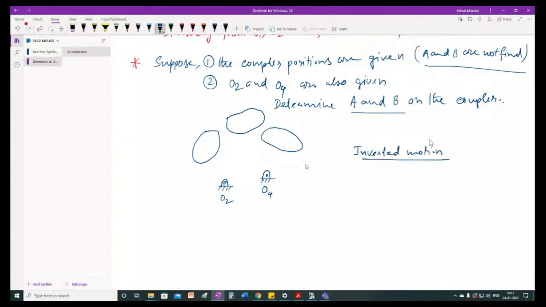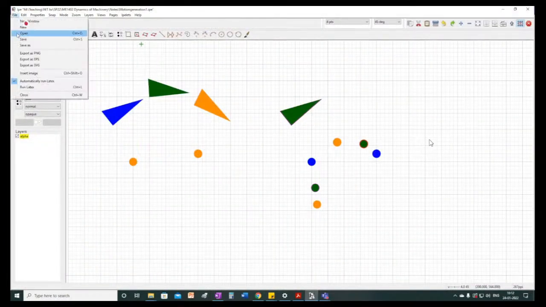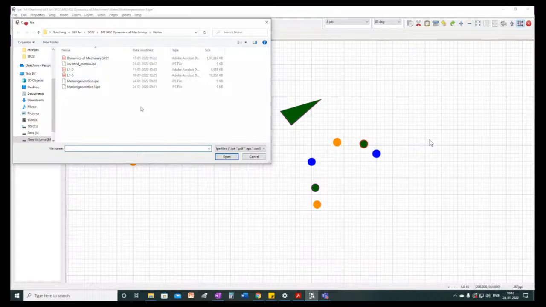Here I will use another software to show you what an inverted motion is, and from that how we can solve this problem.